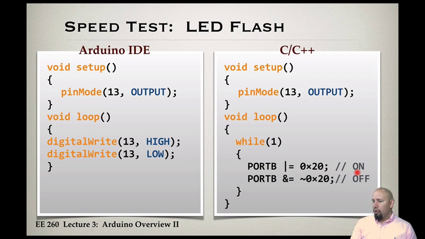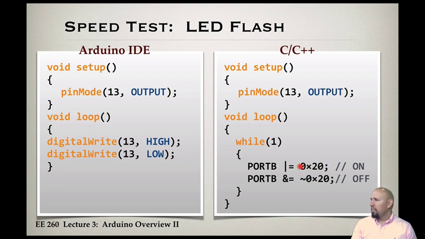Here we have PORTB AND equals NOT. Notice it's AND equals NOT. So basically this is going to be all ones and a 0 in that place. So we're ANDing something with a 0, and that's going to make it 0. So this is going to turn pin 13 off.